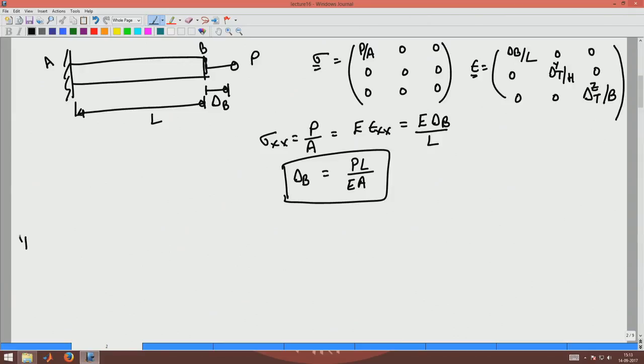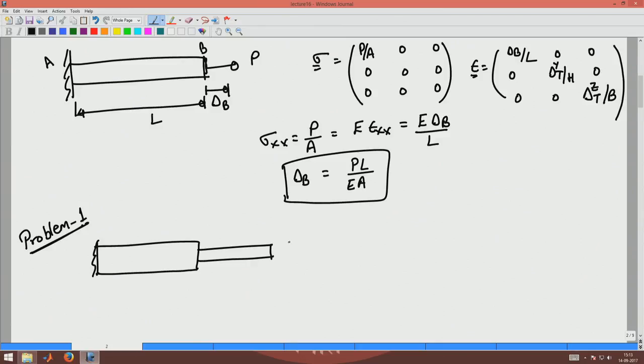The first problem that I am going to solve is the following. I have a stepped cylinder. This is of length 2L, this is of length L, it has 2A as the area and E is its Young's modulus, and this member has E as the Young's modulus and A as the area.